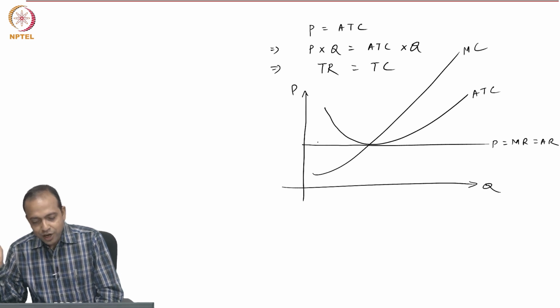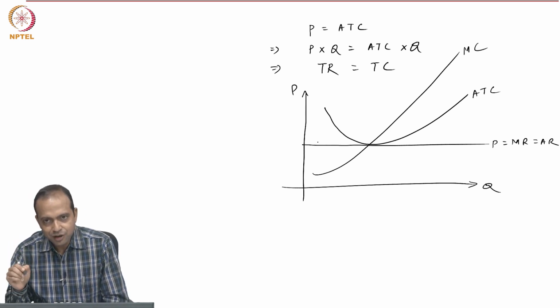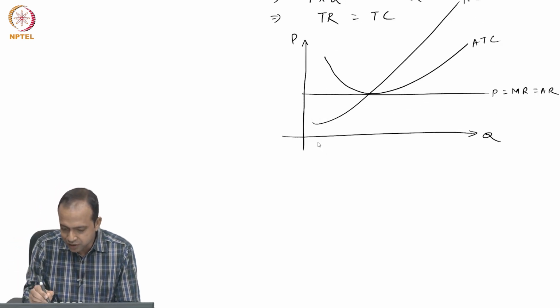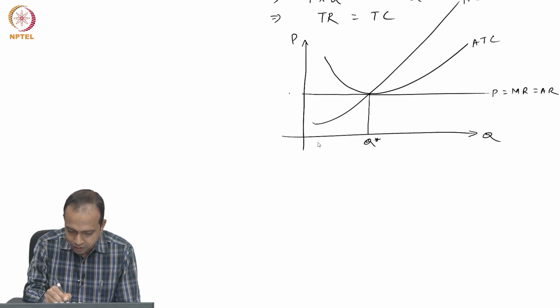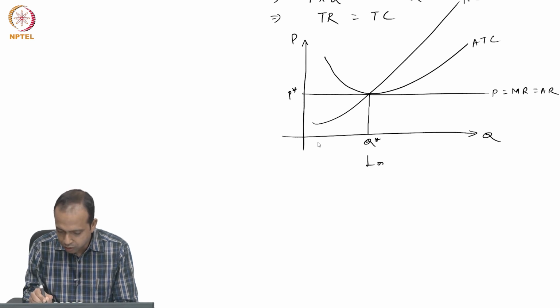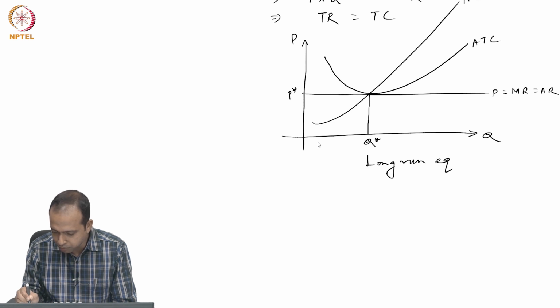So, in the long run, then the firm should earn a profit which is just called normal profit. That means P equals to, let us say this is Q star and this is P star. Okay, this is long run equilibrium.